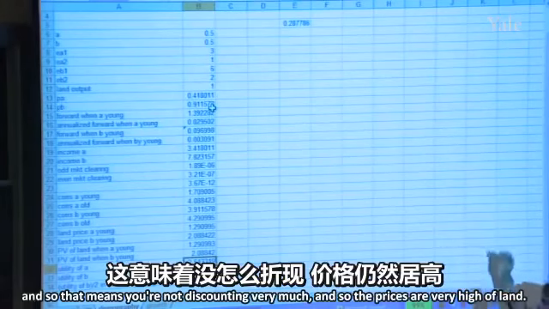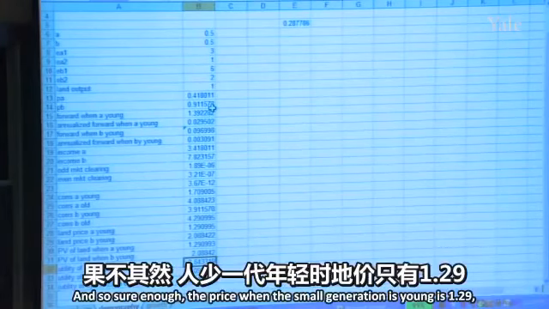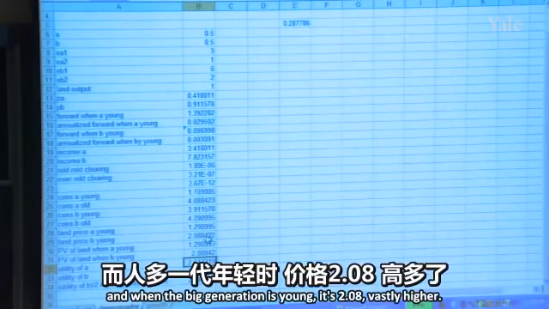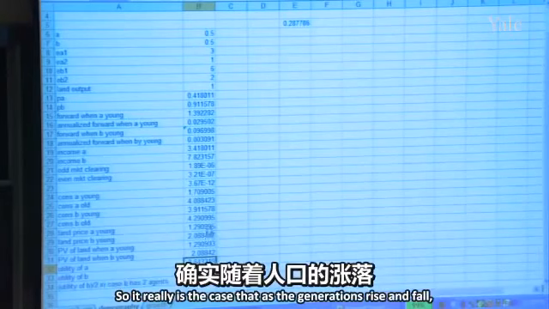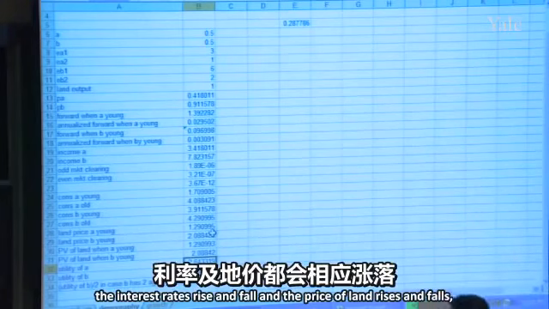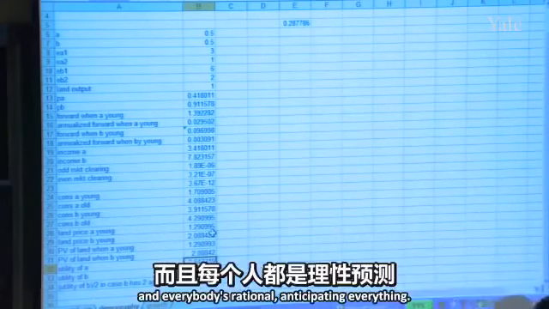And so the prices of land are high. And so sure enough, the price when the small generation is young is 1.29, and when the big generation is young, it's 2.08, vastly higher. So it really is the case that as the generations rise and fall, the interest rates rise and fall, and the price of land rises and falls. And everybody's rational and anticipating everything.